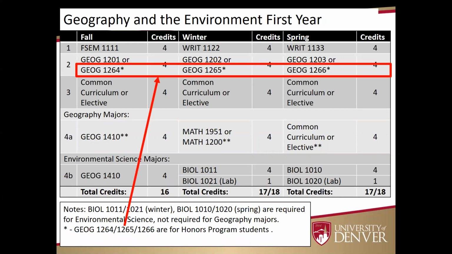Now, honors students, if you are in the honors program and you are a geography or environmental sciences major, instead of taking environmental sciences, the Geography 1201, you will register for the honors geography course, which is Geography 1264. That is also a 3-quarter sequence, and this will complete your honors requirement for the sciences.